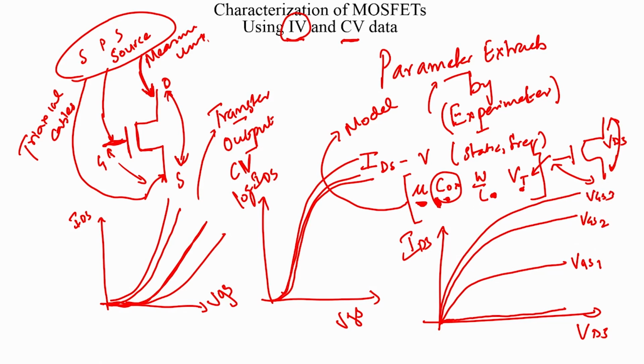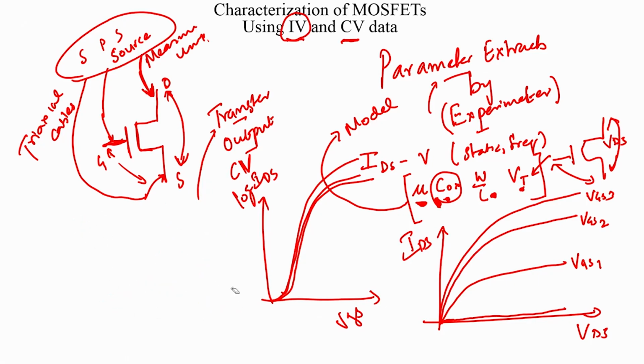Okay. And finally, we will perform a capacitance voltage measurement. And how do we do that? Ideally we would like to do that on a MOS capacitor structure, that is a metal, insulator, semiconductor and back contact. But if we have a MOSFET, we make use of the overlap capacitances.